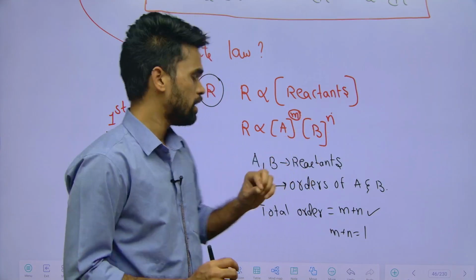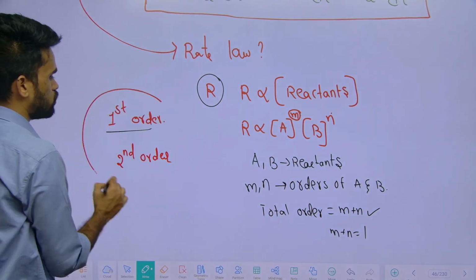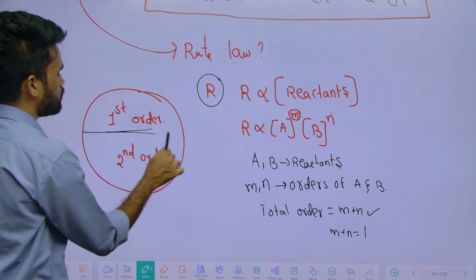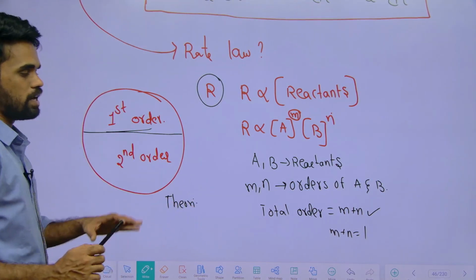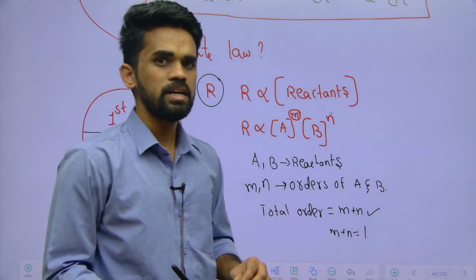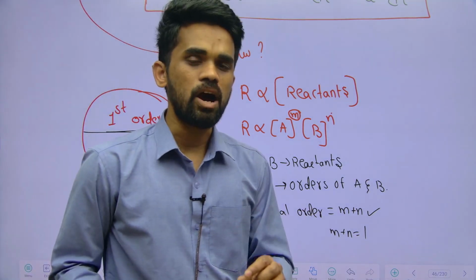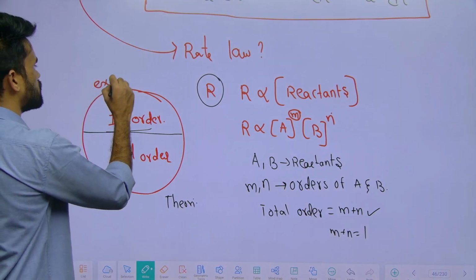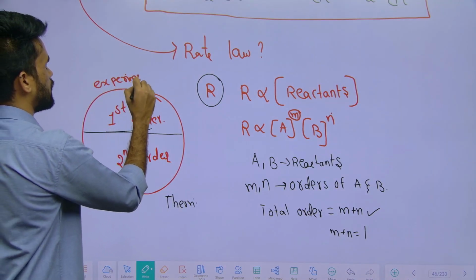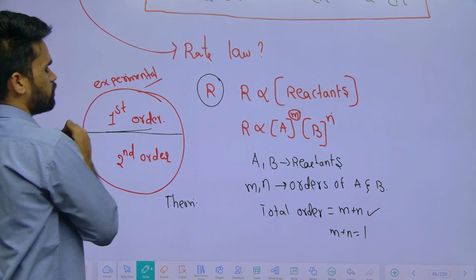That's it. Okay. So how can we get these values, sir? We cannot get them theoretically. Just by looking at a reaction, we cannot say it is first order or second order. The order of a reaction comes only from experimental data. So how can we know that in the exam?